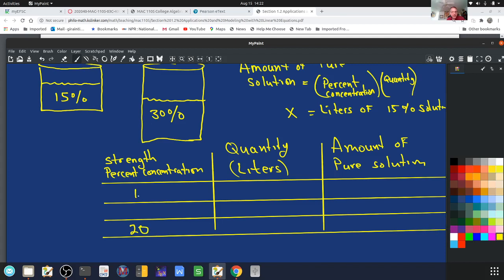Now, I have a 15%, a 30%, and a 20%. This is what I want right here. Now, we've already decided that our x is liters of 15% solution. And how much do I have of the 30% solution? I have 3 liters.